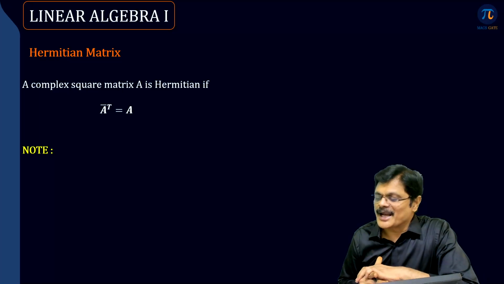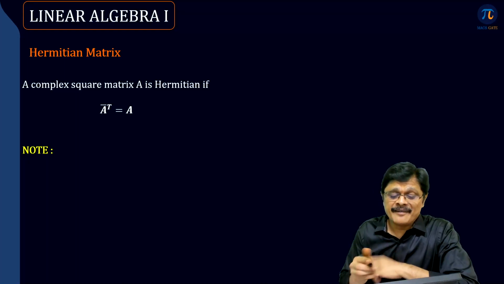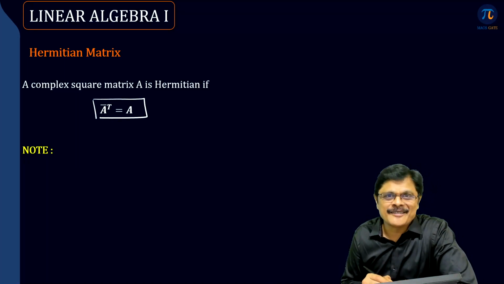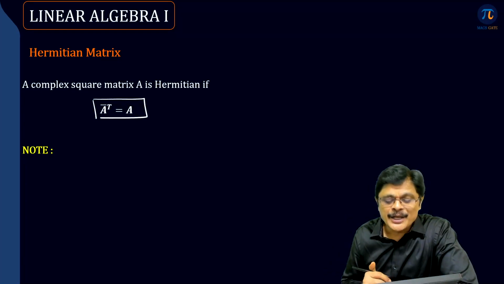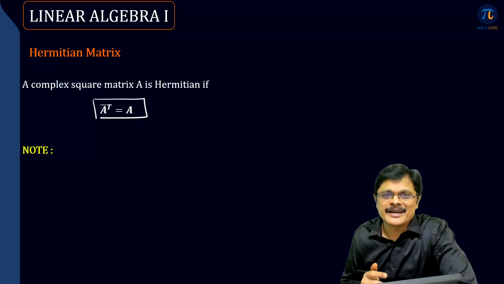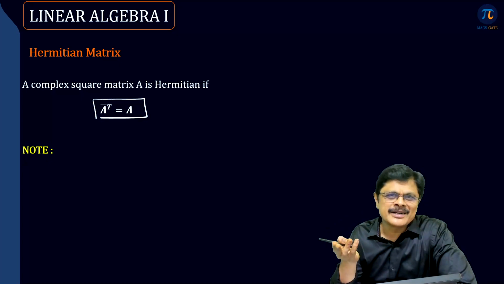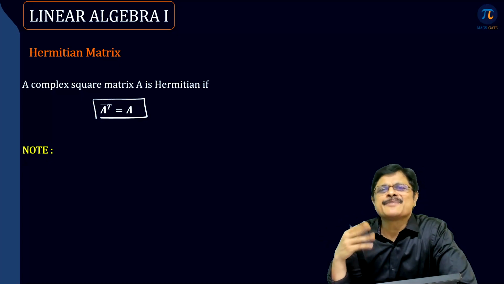Now, what is a Hermitian matrix? A complex square matrix is called Hermitian if its conjugate transpose is equal to the matrix. When you take the conjugate transpose, you should get the same matrix. Then you call it a Hermitian matrix. My dear friends, if all the elements of the matrix are real numbers, the conjugate of the matrix is the matrix itself.